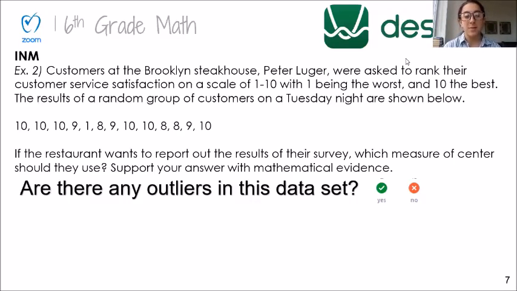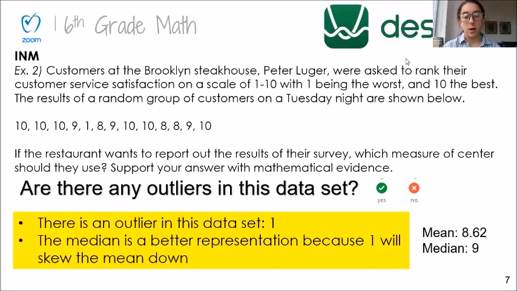So based on the fact that there is an outlier in this data set, we know that the median will be more representative. And if we look at the numbers, our mean is 8.62. I rounded that to the nearest hundredth. And the median is 9. Those numbers are very close. So we're not saying that the mean is not representative of this data set.